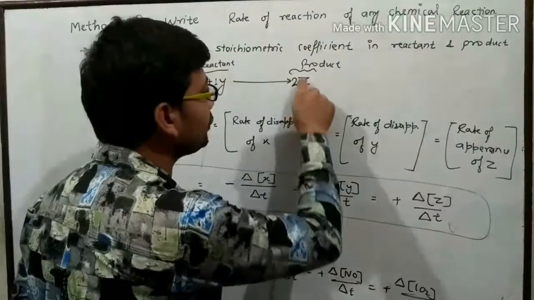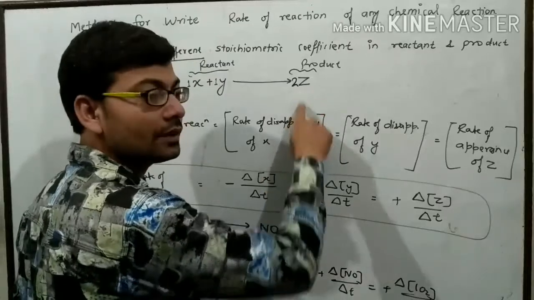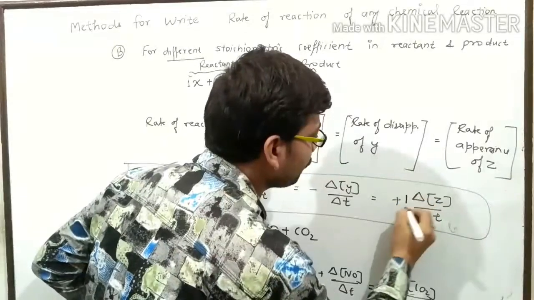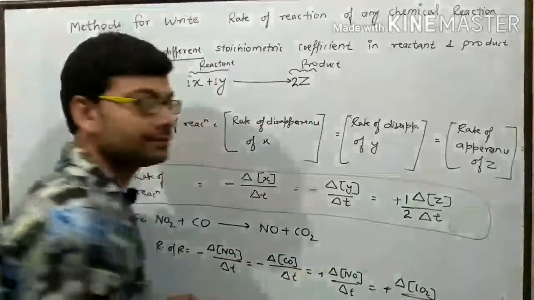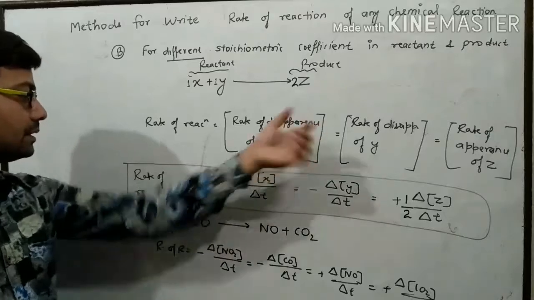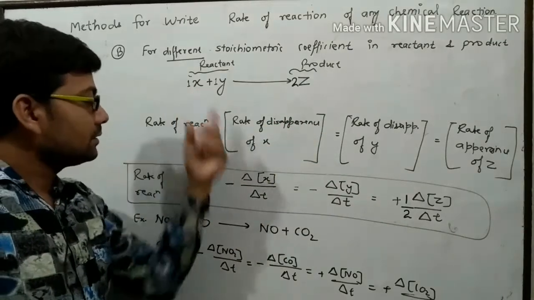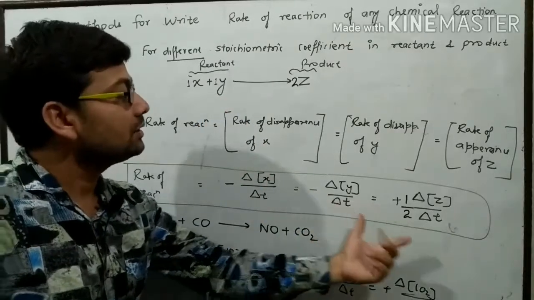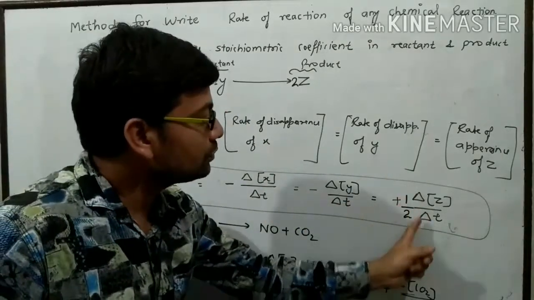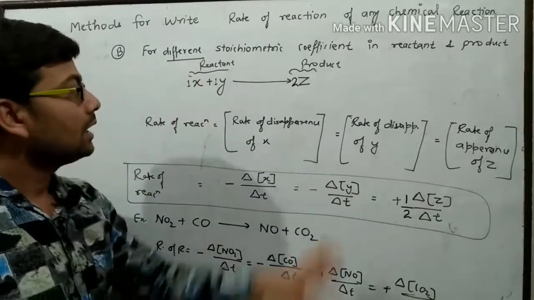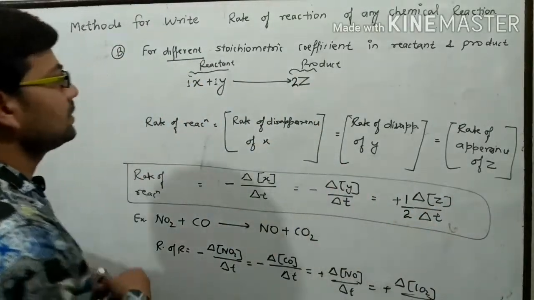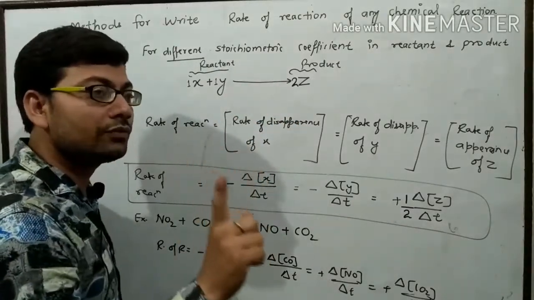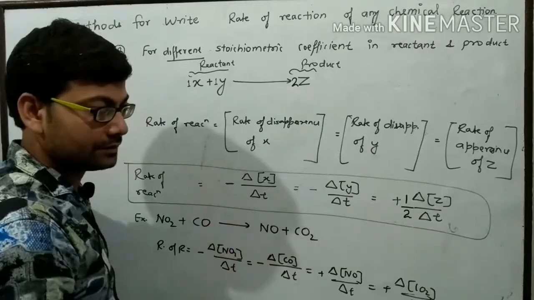Means the coefficient of Z goes in the denominator, means 1/2. So the rate of reaction equal to 1/2 delta Z upon delta T. अब you always write rate of reaction only for 1 mole of substance.